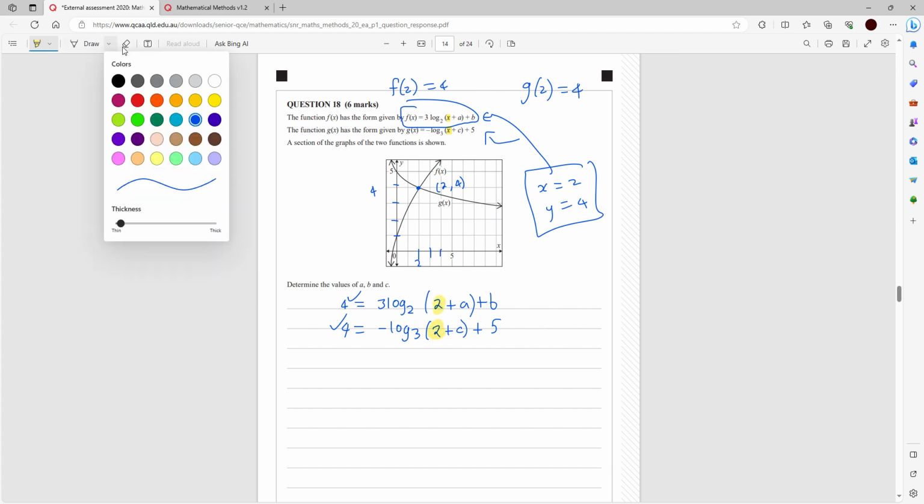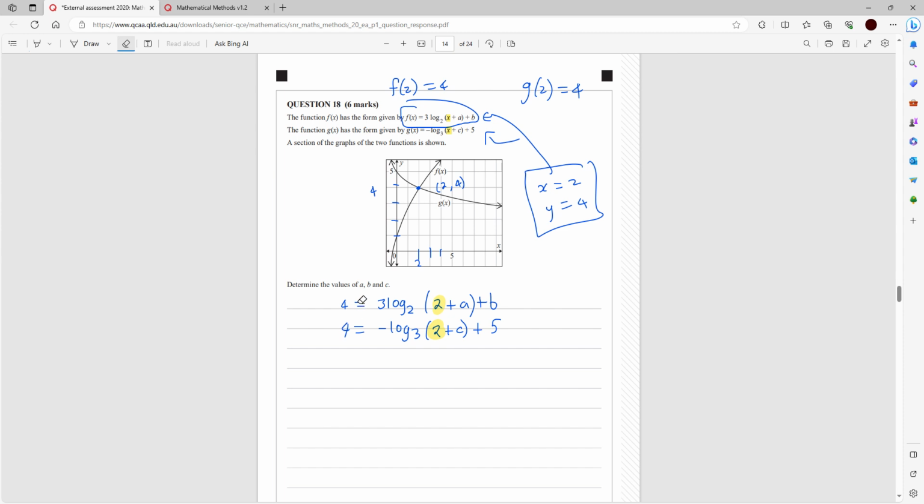So now I've got two equations, but at the moment I can't really solve for anything. However, there's another point we're given as well. If we take a look at f of x, that's not the only point. We also have this point down here for f of x. This is the point (0, 1).